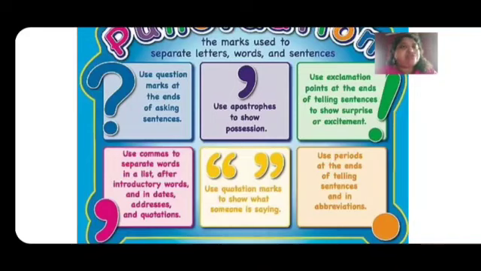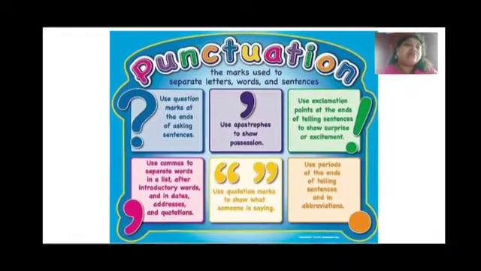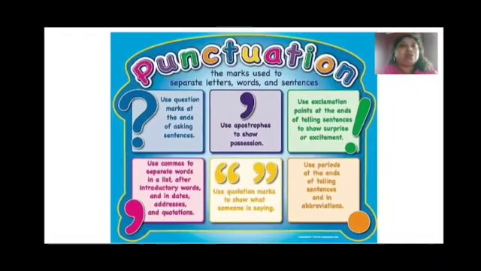Use commas to separate words in a list, after introductory words, and in dates, addresses, and quotations. Use quotation marks to show that someone is speaking. Use periods at the end of telling sentences and in abbreviations. Got it, children? Okay, now moving on to the next.